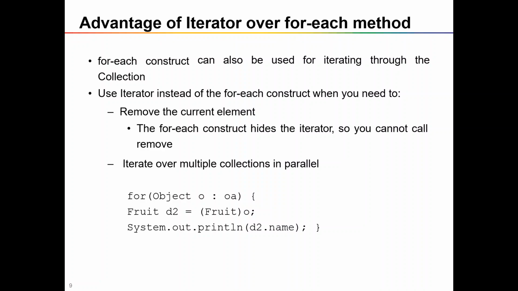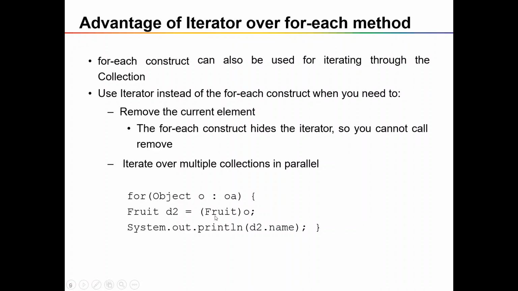So now we'll discuss the usage of for each over iterator. Apart from iterator, if you wish, you can use a for each statement also for accessing elements from the given list. So in for each, you can create it like that. You can have a for with an object type, and here OA represents your array list, and here we are trying to access all the elements, and this is a conversion.